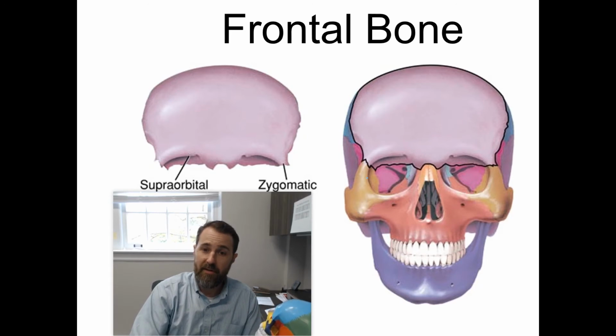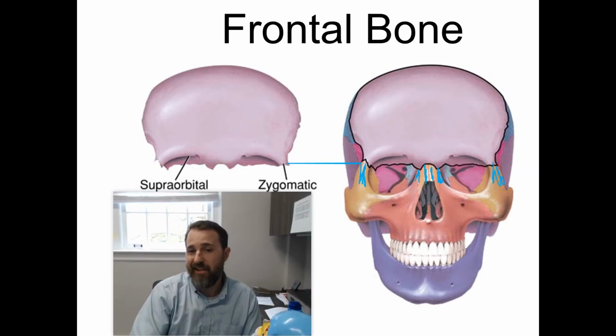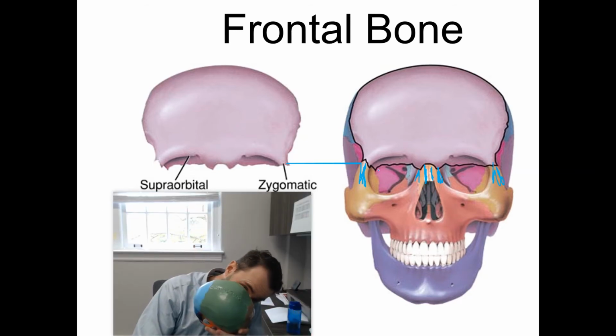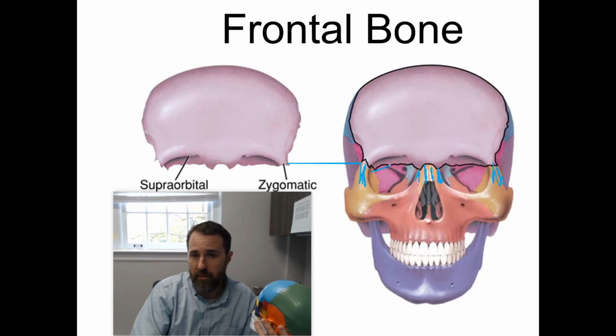And you can see that it articulates inferiorly with the zygomatic bones here and here. It articulates inferiorly with the maxillary bones here and here, and the nasal bones here and here. It articulates inferiorly with the sphenoid bone, so it's touching the sphenoid back in there.